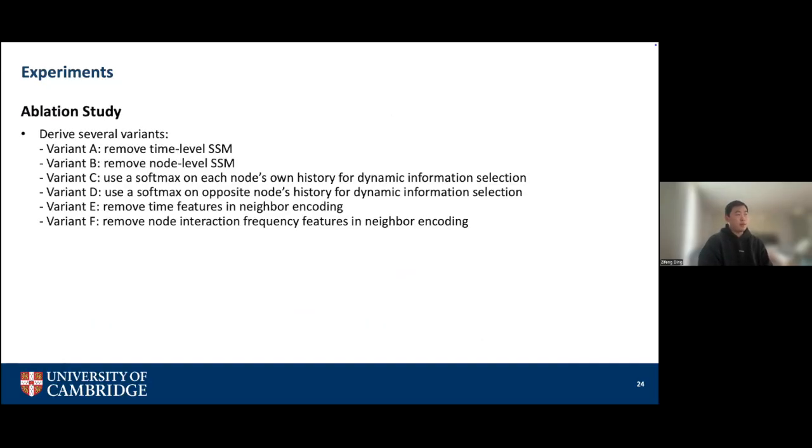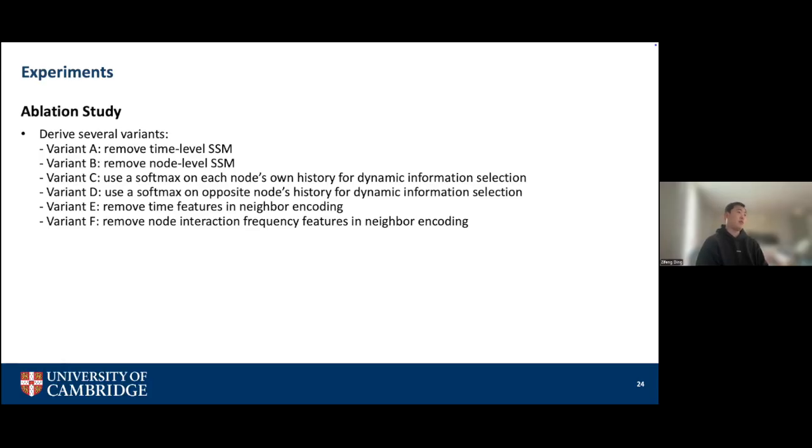For the ablation study, we have done 6 variants, A through F. It's a lot. First, we remove the time-level SSM in variant A, and then we remove the node-level SSM in variant B. In C, we use a softmax function on each node's own history for dynamic information selection, while in variant D, we use the same softmax function, but now on the opposite node's history.